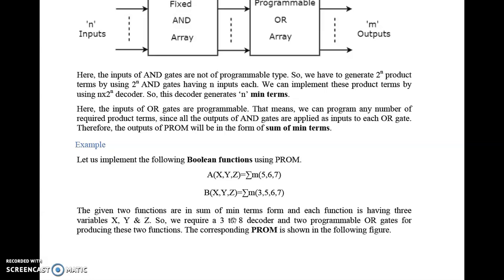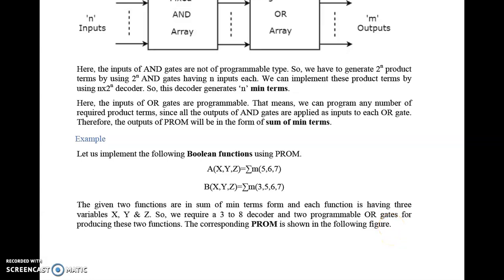There are three variables x, y, z. The function A is the summation of min terms 5, 6, 7, and the other function B is the summation of min terms 3, 5, 6, 7. So these given two functions are in the sum of min terms form, and each function has three variables x, y, and z.